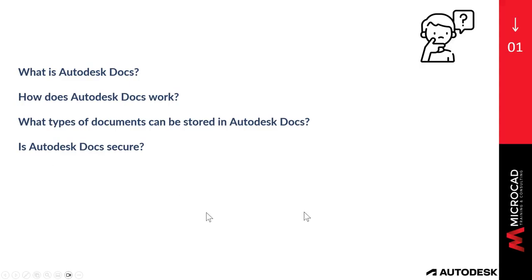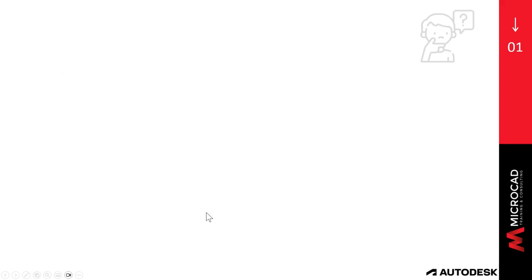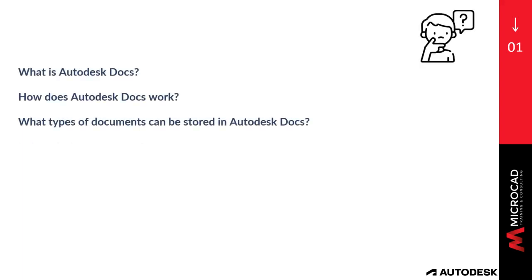Now, let me go back right here to my presentation. The next question that we receive, and this is fairly important for a lot of our customers, is part of Autodesk policy, so this is a priority. Is Autodesk Docs secure? The security and the confidentiality of your user data is important for Autodesk.